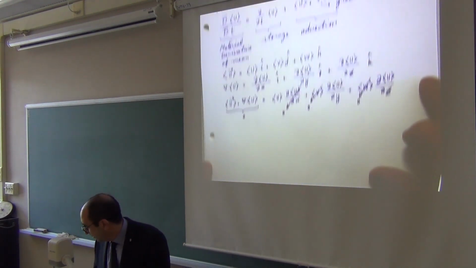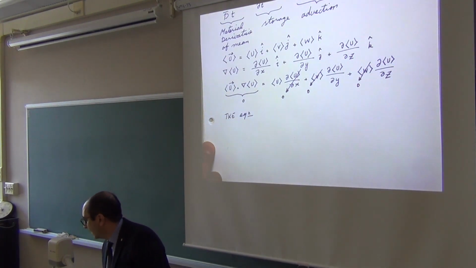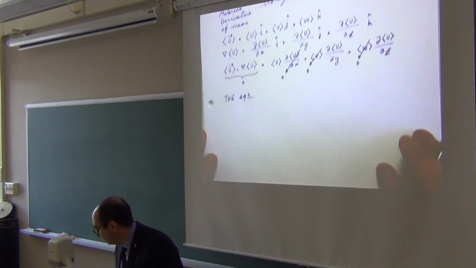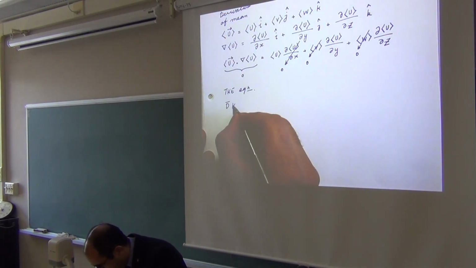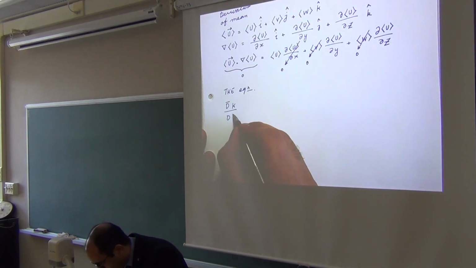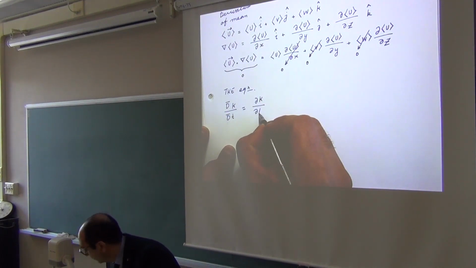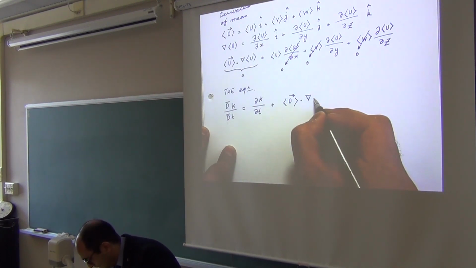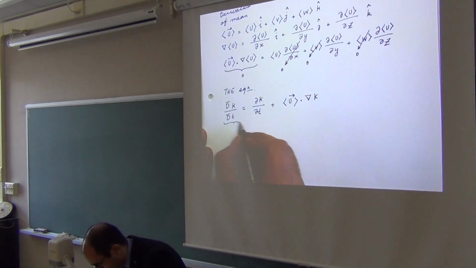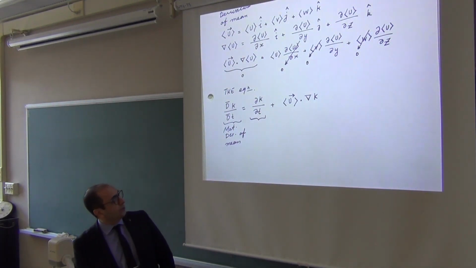Let's write the TKE equation. Again, I'll follow the same pattern: material derivative of the mean, storage term, plus advection.